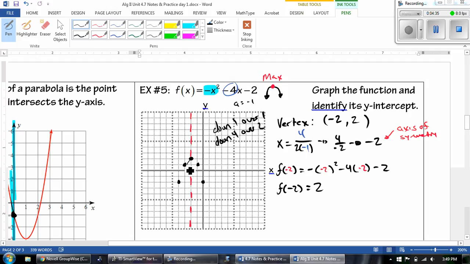And there we go, there is our parabola. Make sure it's nice and rounded. You can see the points. It's kind of hard for me to do it perfectly with this program.